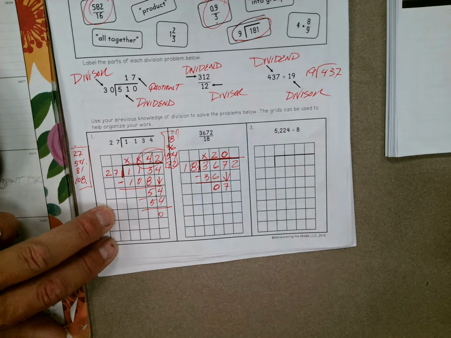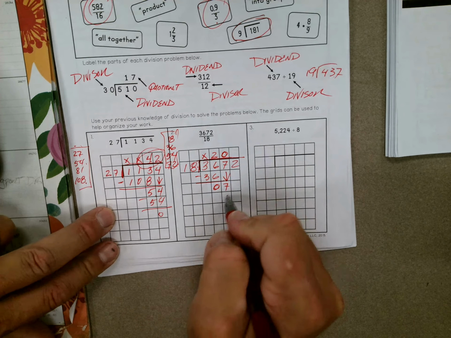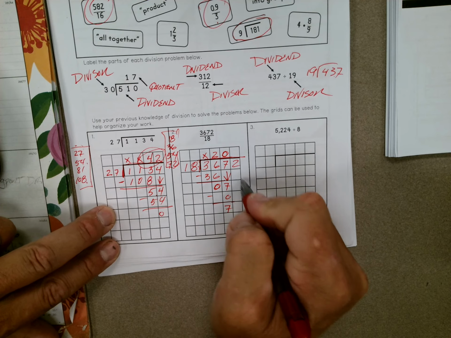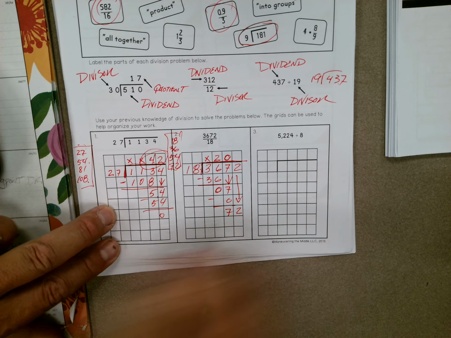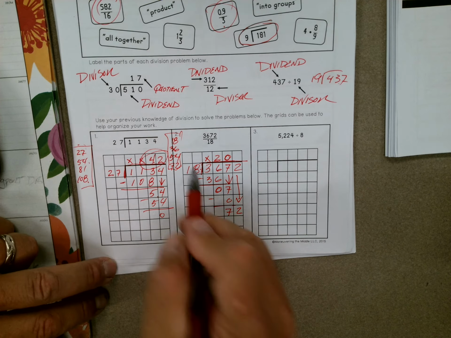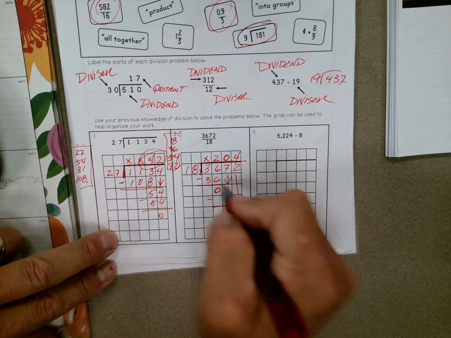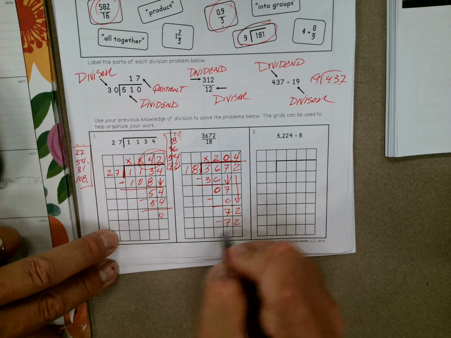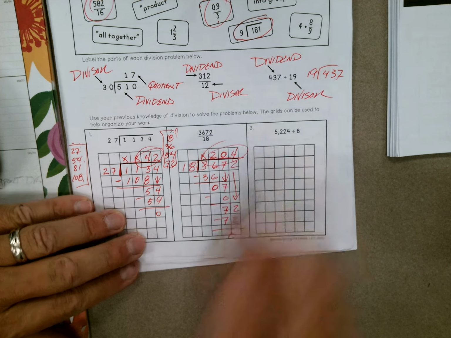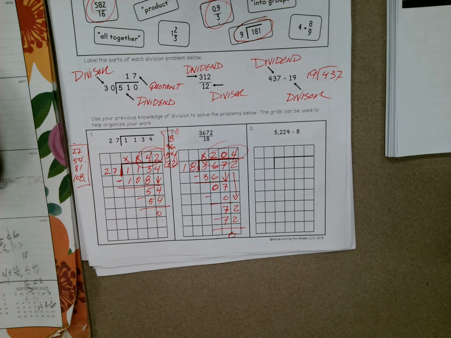That holds value. You can multiply it through, get 0, subtract to get 7, bring the 2 down. 18 into 72, there it is, goes 4 times. That is 72, and we get 0. I always like to circle my final answer. So we're in pretty good shape so far, right?